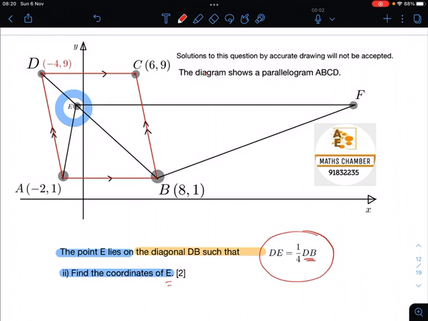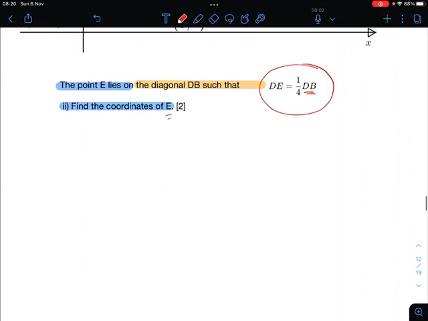Let me just draw to make it clearer. So this is your DB, and your point E.